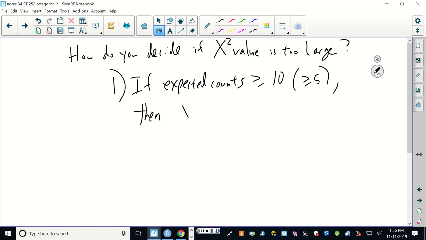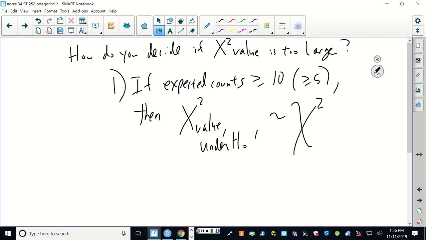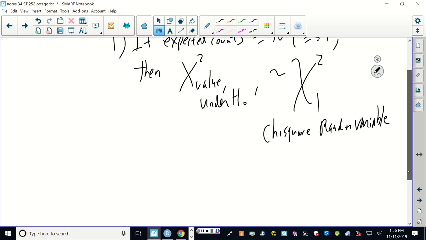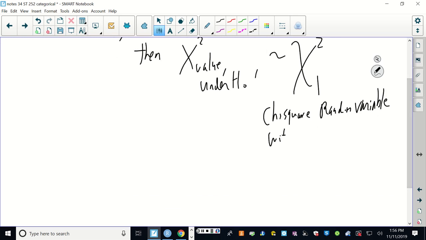Then the X squared value, right, under the null hypothesis, is distributed as a chi-square random variable with 1 degree of freedom. So this is a chi-square random variable with 1 degree of freedom.